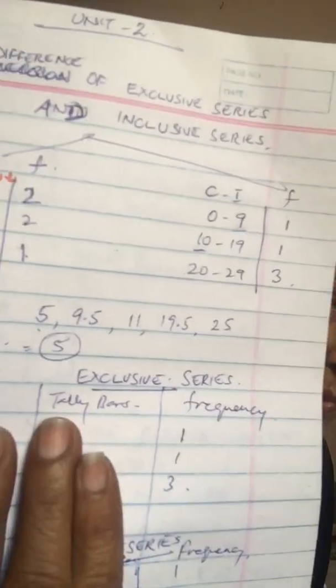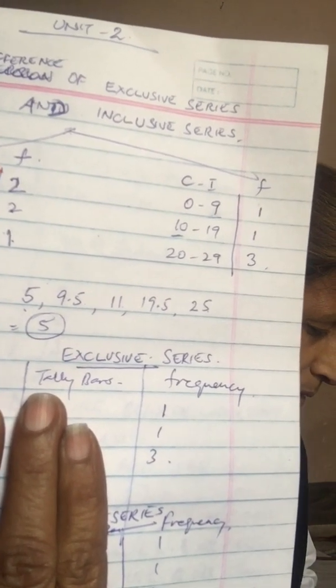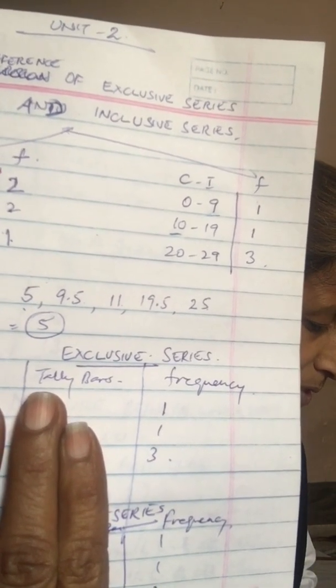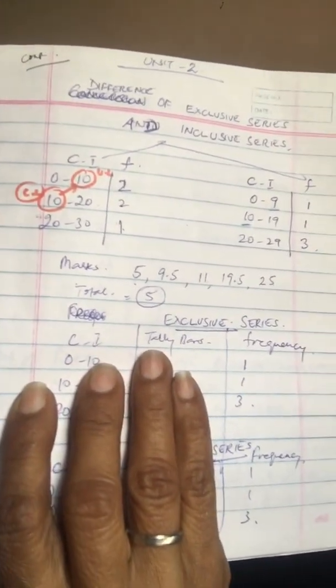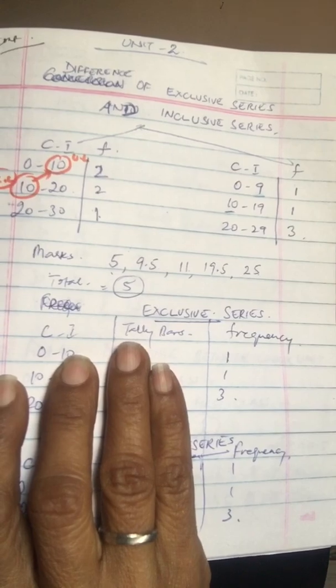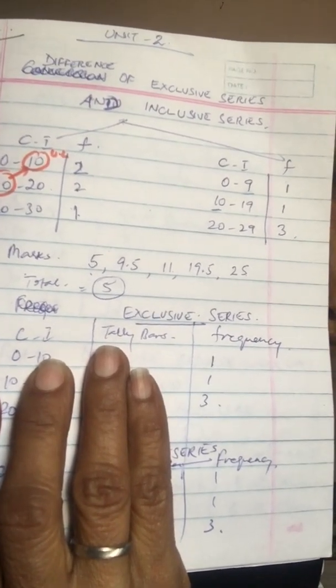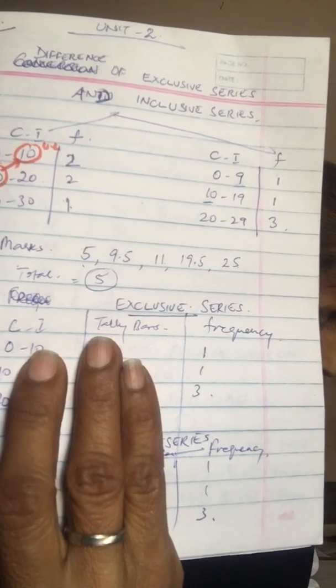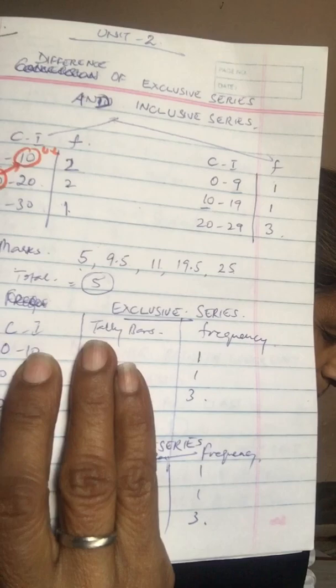So now in case of exclusive series, what do you notice? That the upper limit of a class interval is counted in the next immediate class. Suppose it's 10, it will be taken in the next class. Any person who's got 10 marks will be counted in the next class, that is 10 to 20.